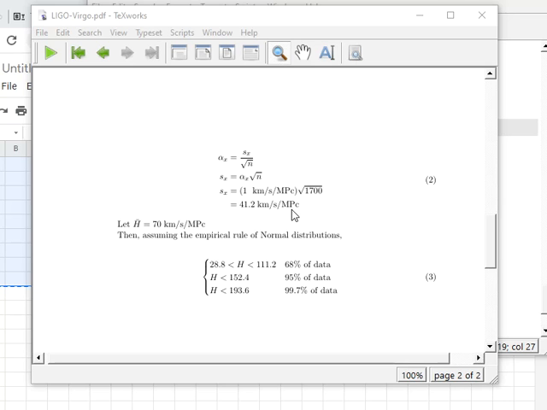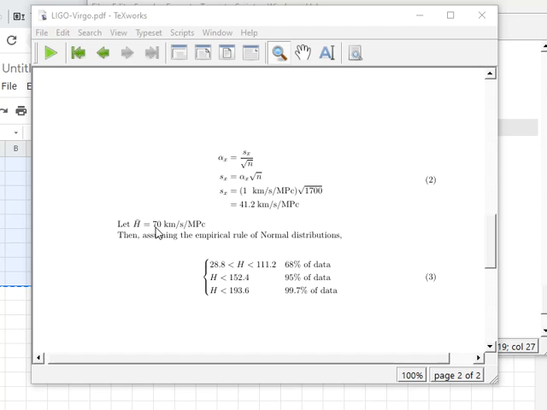Now, this is not going to be accurate. This is not going to produce a normal distribution because we've got a hard limit; we are not going to get a 0 for Hubble's constant by any means. But if it were a normal distribution, the range from 1 standard deviation below the mean to 1 standard deviation above the mean would represent 68% of the data.